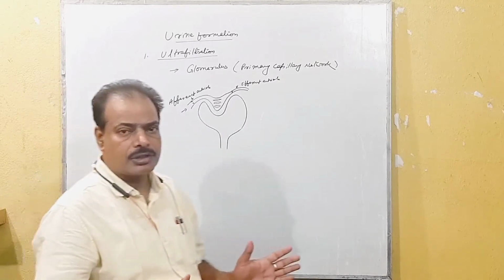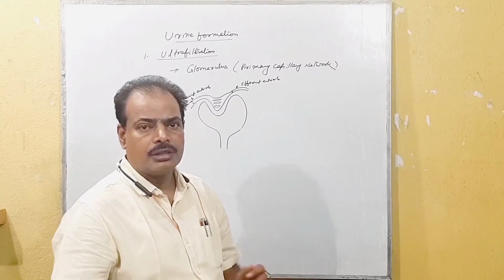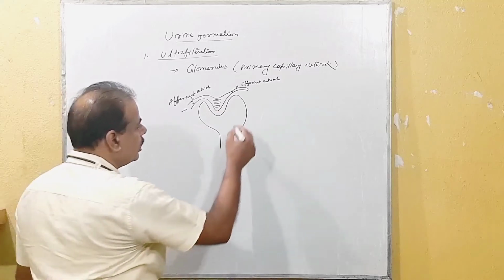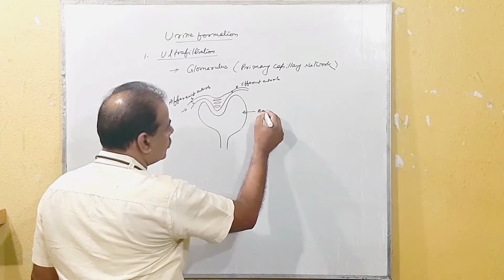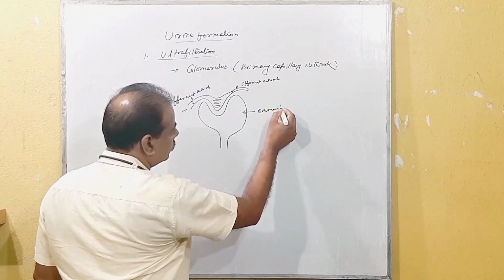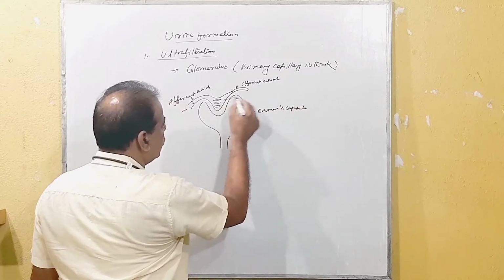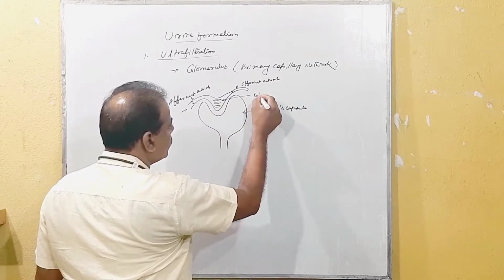So the site for ultrafiltration is the glomerulus, which is present inside the Bowman's capsule. This one is the Bowman's capsule, and here it is the glomerulus.